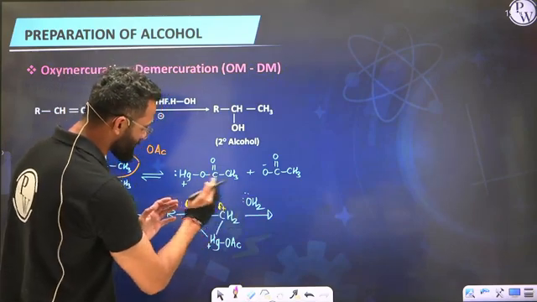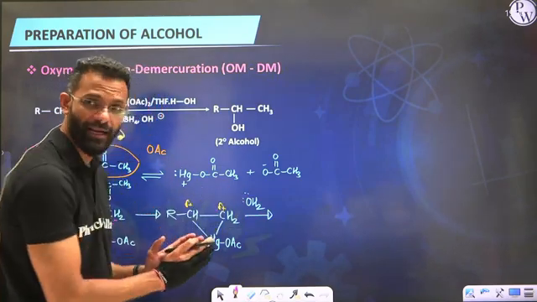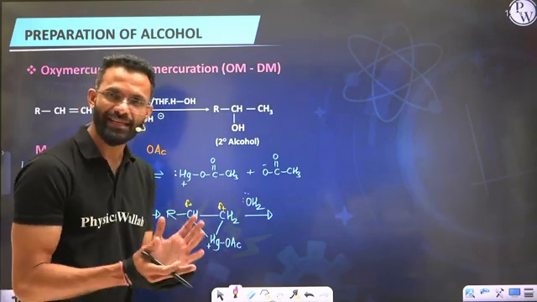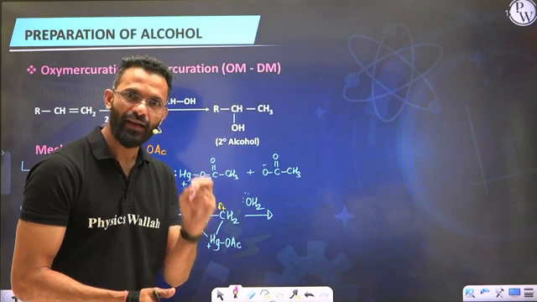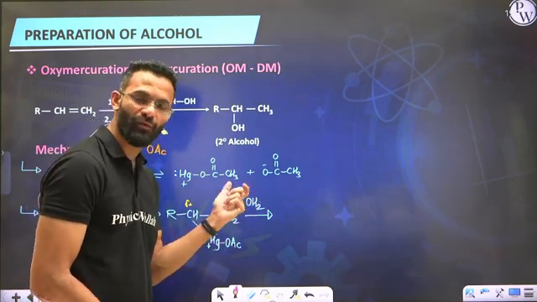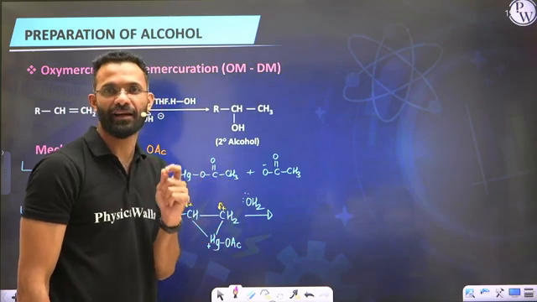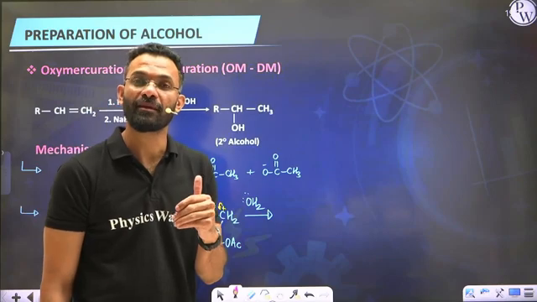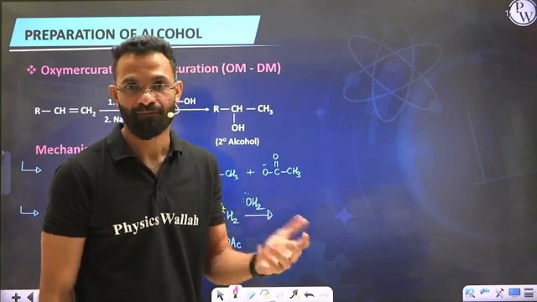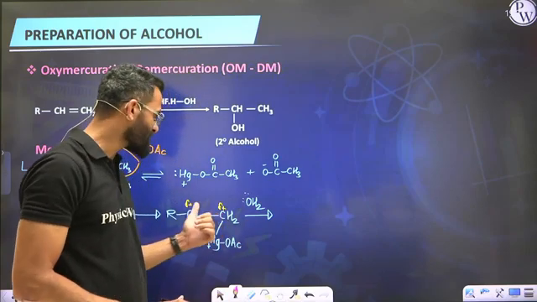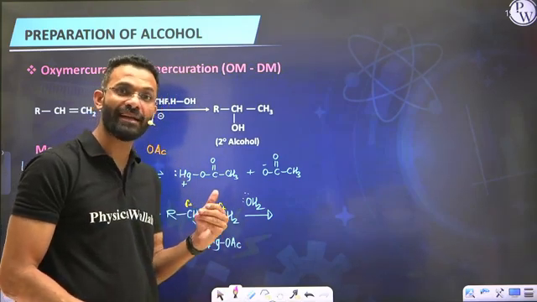Now when the attack is taking place from the opposite side, meaning the anti side, at which carbon will the preferred attack take place? That is answered by this: the attack of water, meaning a nucleophile, will take place at the carbon out of these two which has more stable carbocationic character. There is no carbocation formed, but the partial positive charges indicate that it has carbocation type character.